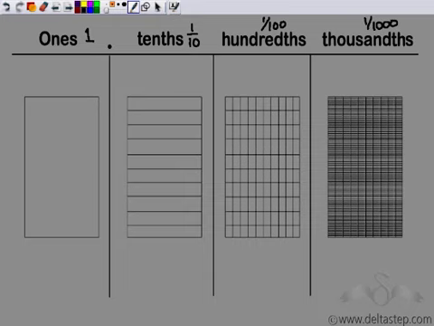Now I can represent ones by a capital letter O, tens by a capital letter T. Remember, after the decimal point, we represent the columns ahead by small letters, not by capital letters. So I represent this by a single letter t, this by the letter h, and this by the first two letters, th, because t has already been used by tens. So I represent thousandths by th.